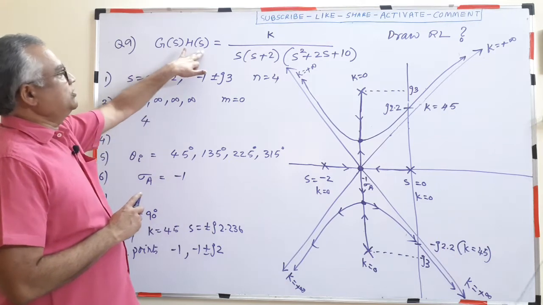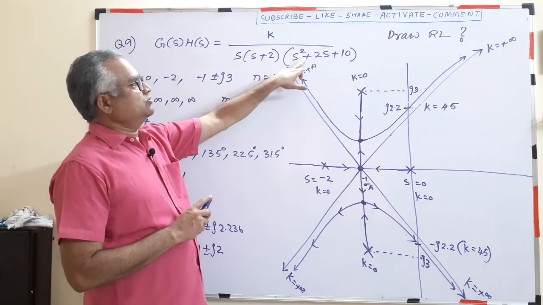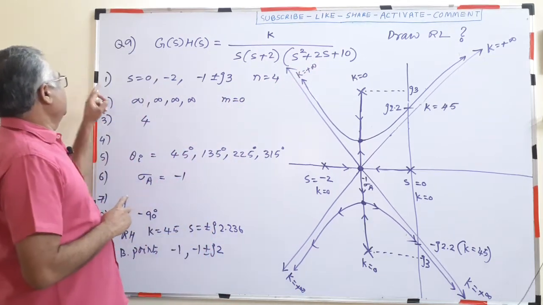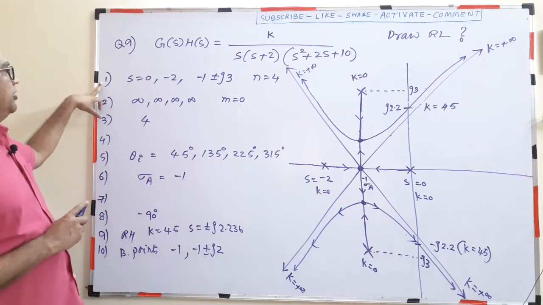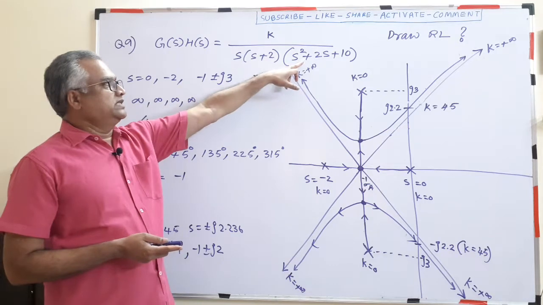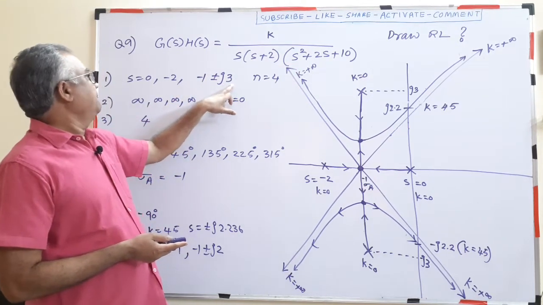G of s, H of s equals K by s into (s plus 2) into (s square plus 2s plus 10). First point: K equal to 0 points are the poles: 0, minus 2. Solve this second order and you will get minus 1 plus or minus j3.